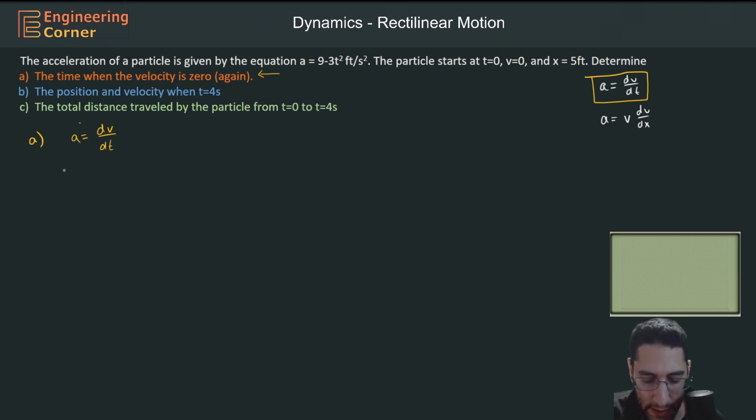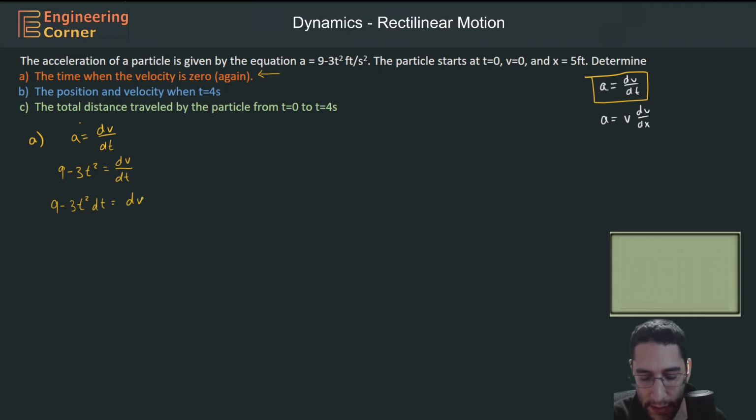So this is going to be 9 minus 3t squared is equal to dv dt. What we want to do here is separate and integrate. So now I can bring the dt to my function, and I get 9 minus 3t squared dt is equal to dv.